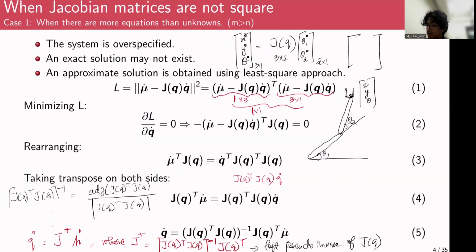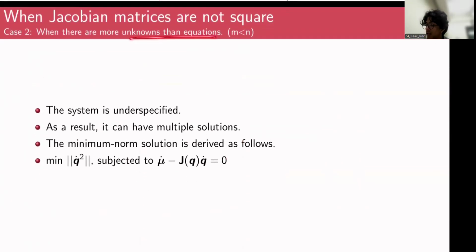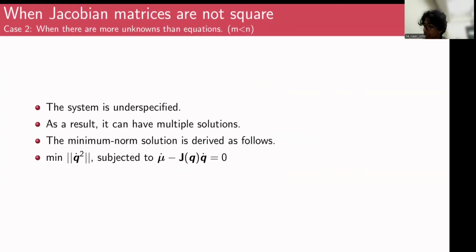So what happens in the other case? In this case there were more equations than unknowns, and in the other case we have more unknowns than equations. One example I can give you is that instead of a 2-link robot you can have a 3-link robot with 3 links connected by 3 revolute joints, and each of these revolute joints is actuated by a coaxial motor.